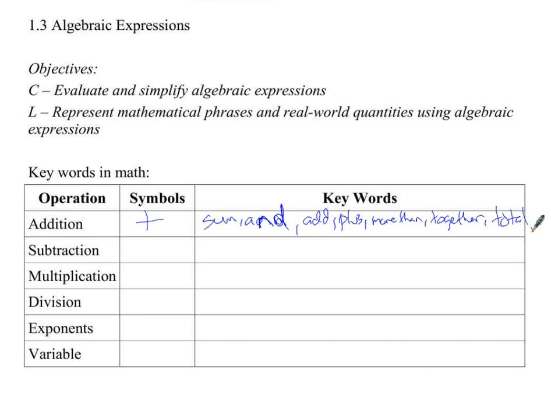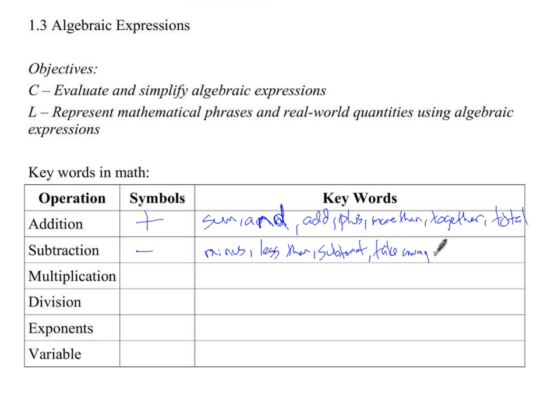Let's do subtraction. What's our symbol? A little dash. Do we have any other subtraction symbols? No. All right, give me some keywords for subtraction. Minus. What else? Okay, I got less than. I have subtract. I heard take away.